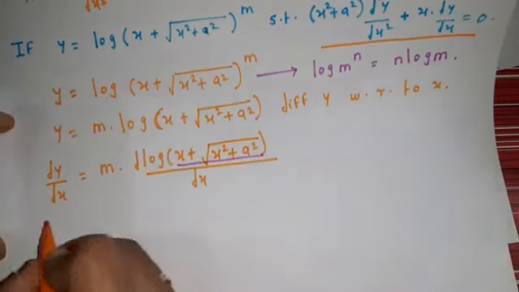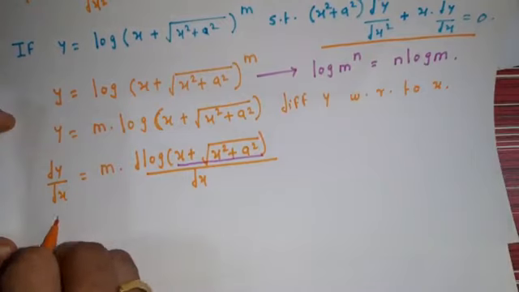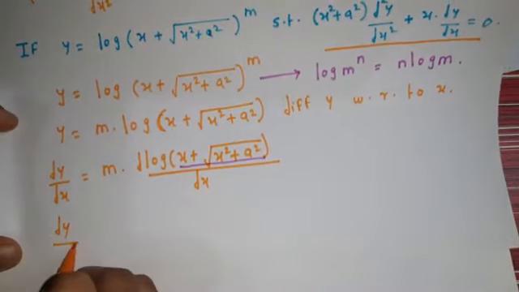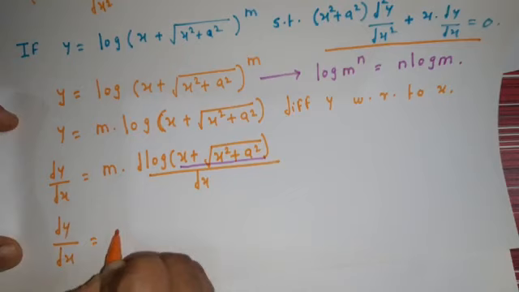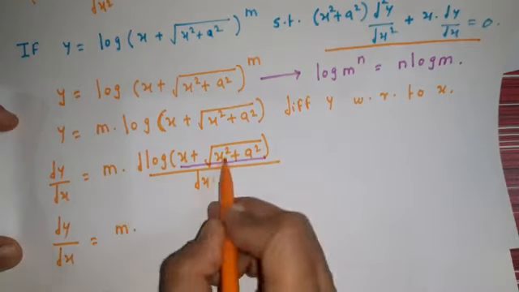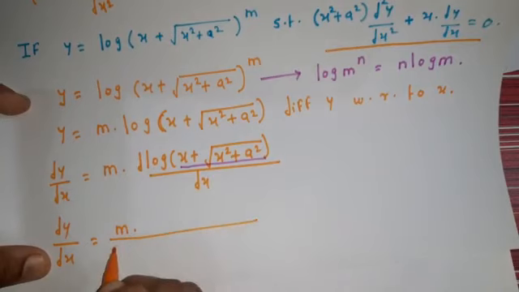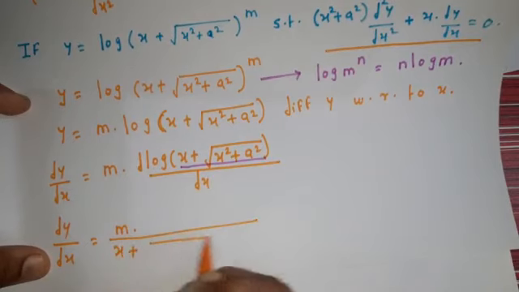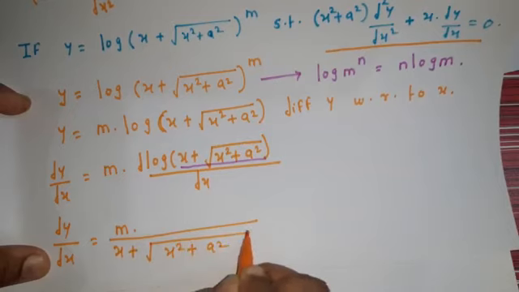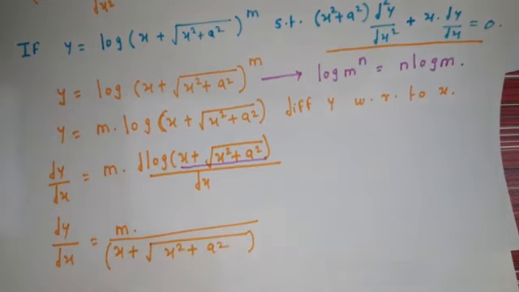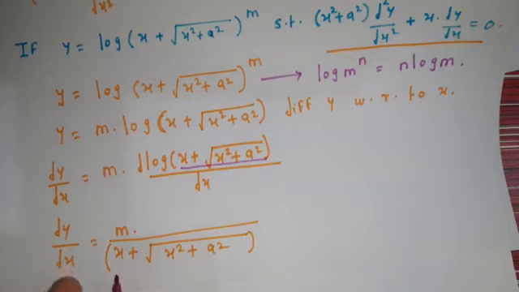And therefore dy by dx equal to m as a constant. Differentiation of log is 1 upon (x plus square root of x square plus a square). Okay students, if you will see, then this function is again a differentiable function.